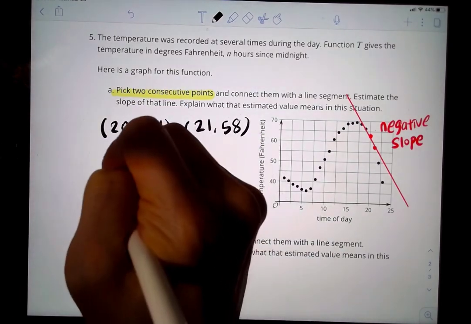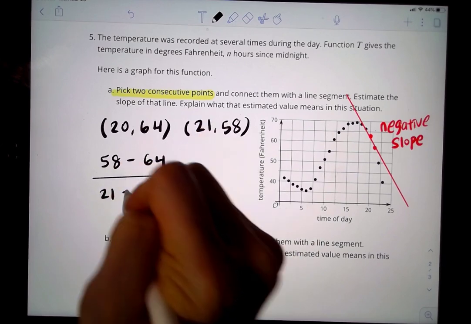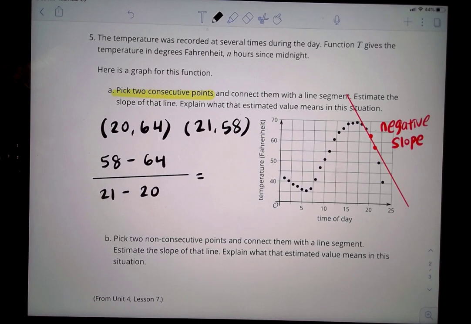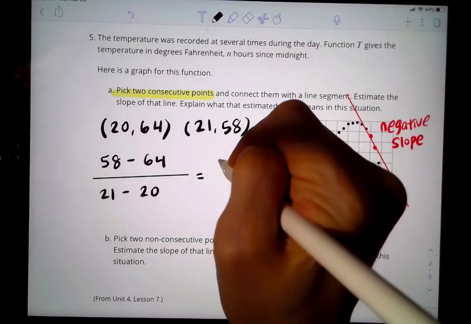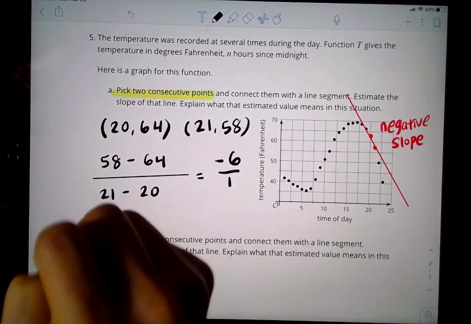So 58 minus 64 over 21 minus 20. Then what do you get? 58 minus 64, what is that, 6? Yeah, that's 6. Negative 6. Negative 6 over 1. So my slope is negative 6.